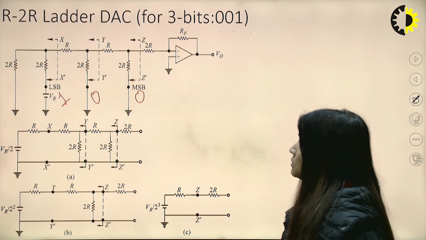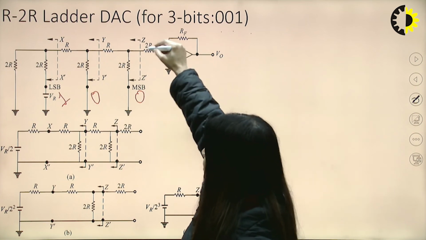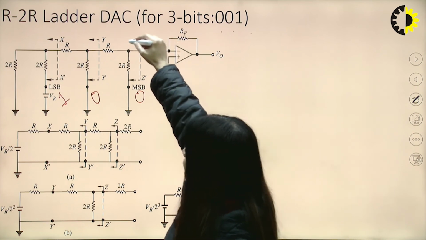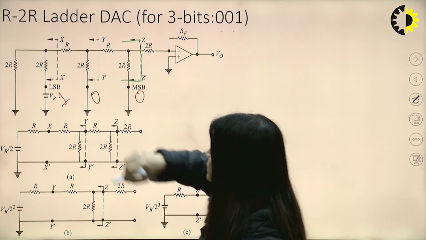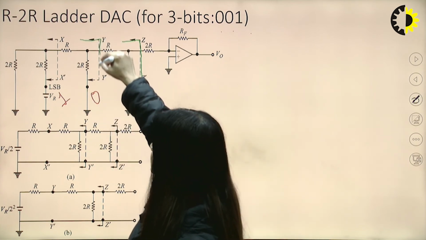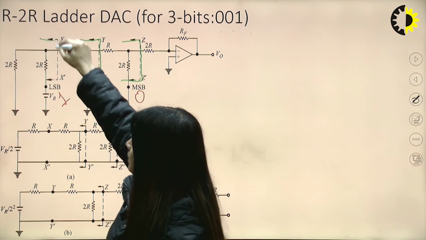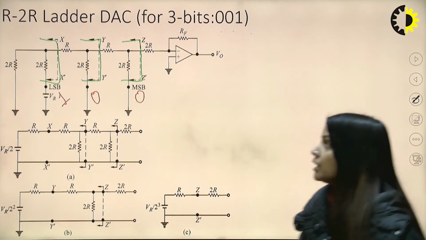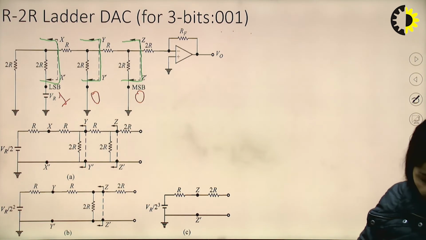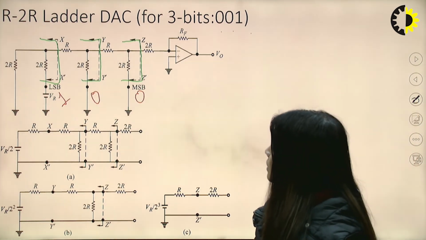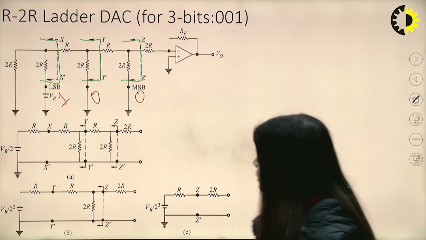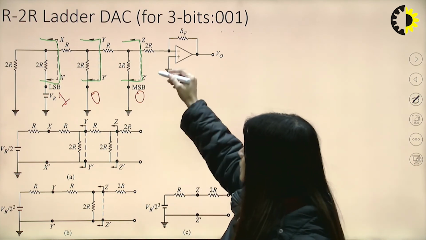Now, leaving this 2R, what we will do, we will see the input resistance like this, and then we will see the input resistance like this, since we are having 3 bits, right? So here, now the calculations.